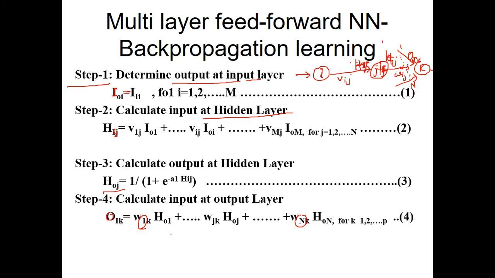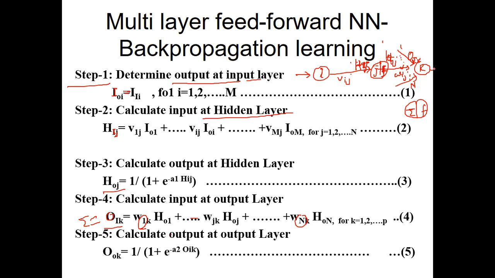At the output layer we have two parts, summation and activation function. The summation is the weighted sum of all inputs multiplied by weights. So the output of the hidden layer is the input for the output layer.